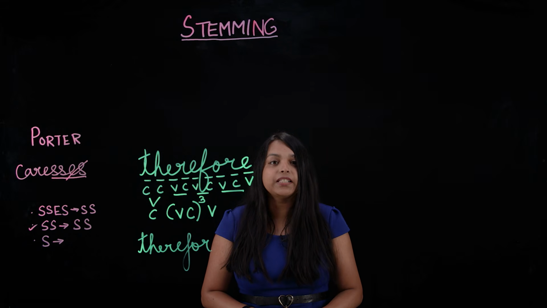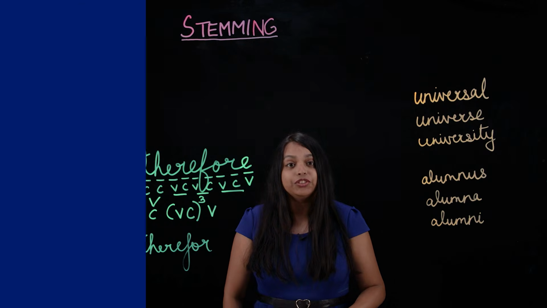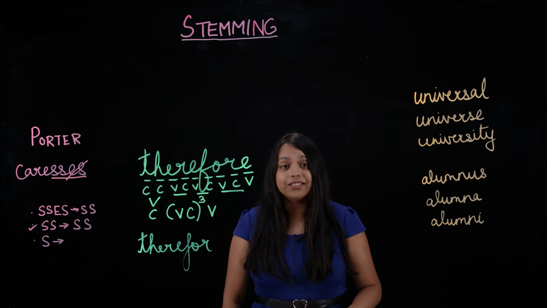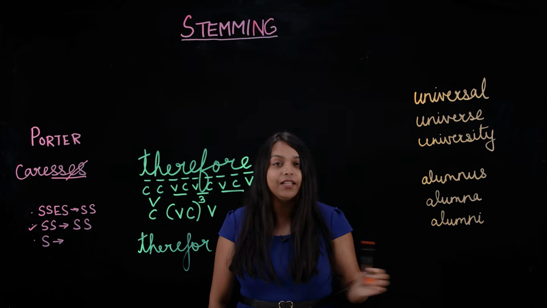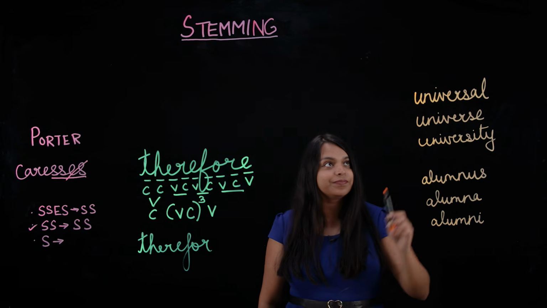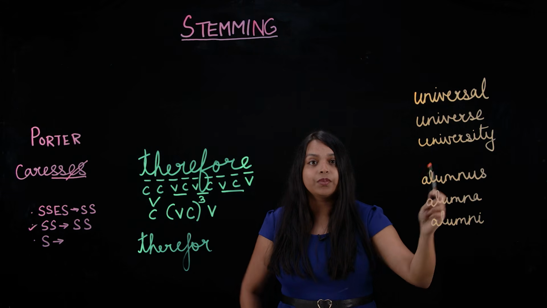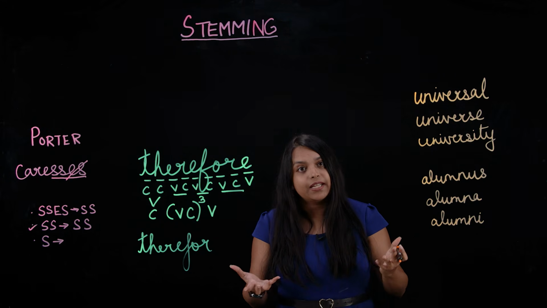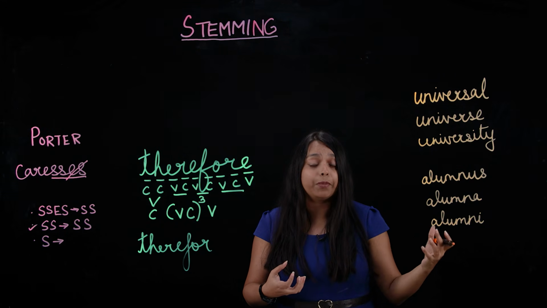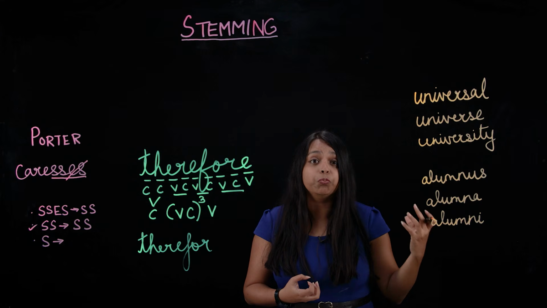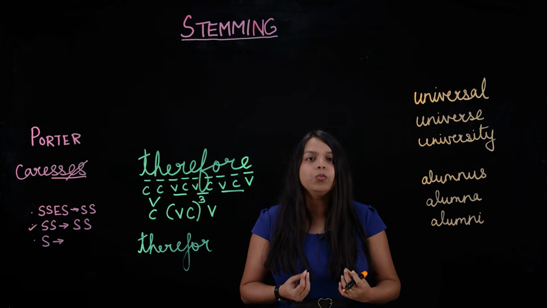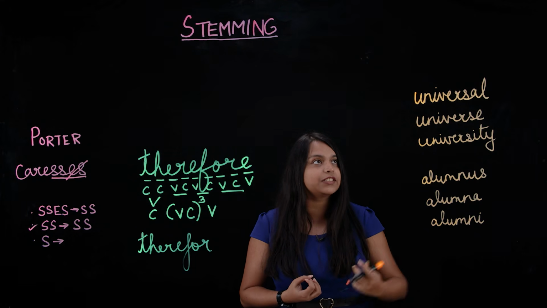Let's continue looking at some more issues and limitations that exist with stemming. Two of the most common issues that arise with stemming are overstemming and understemming. Let's take a look at some examples. Consider universal, universe, and university. Overstemming, as it sounds, overdoes the stemming part or removes much more than necessary to the point where the words can lose meaning themselves.